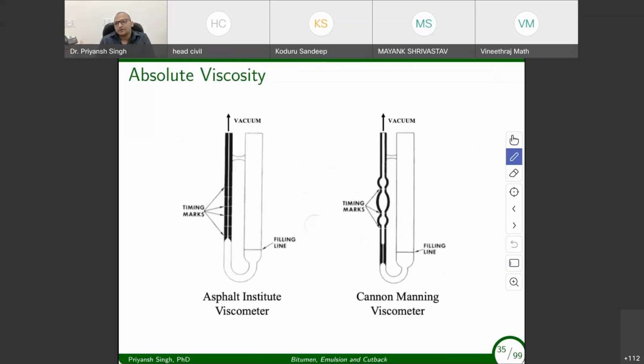This viscosity, or absolute viscosity, can be tested by using different tubes, viscometers.